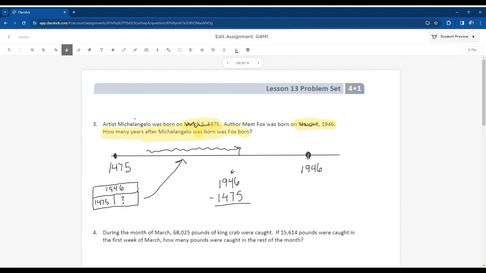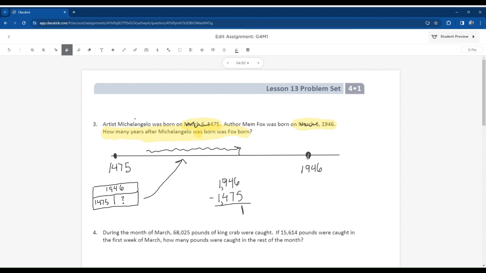So instead of saying it how we normally say years, we're going to transition to saying these numbers the way we would normally say them, which is 1,946 minus 1,475. 6 minus 5 is 1. In my tens place is where I run into my regrouping dilemma, where I have a smaller number, 4, here on top and I need to take away 7.